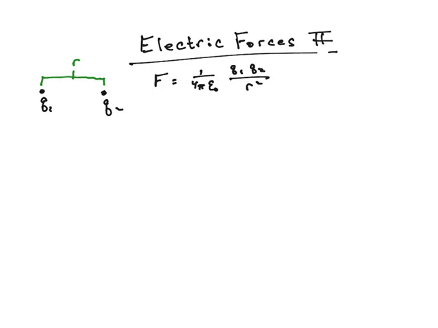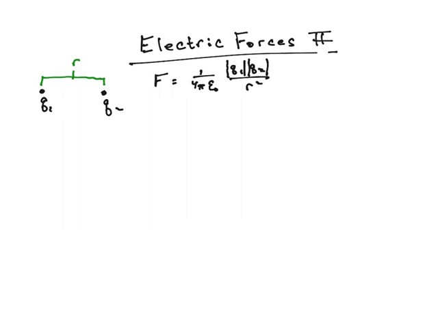one thing I tried to make very clear was, of course, charges come in two types, positive and negative. However, when you go to use this equation, usually in a textbook it's written with absolute values around the q's.